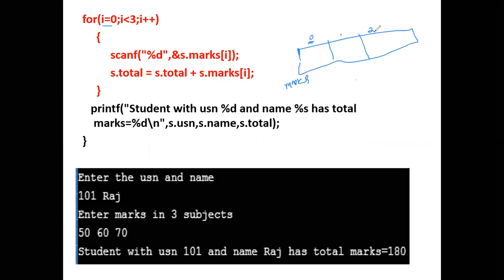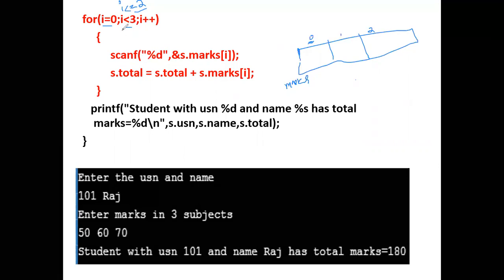So I can write either i less than 3 or i less than or equal to 2. The i value can go maximum up to 2, or less than 3. Any one you can write. So i starts with 0, and i can take values less than 3.